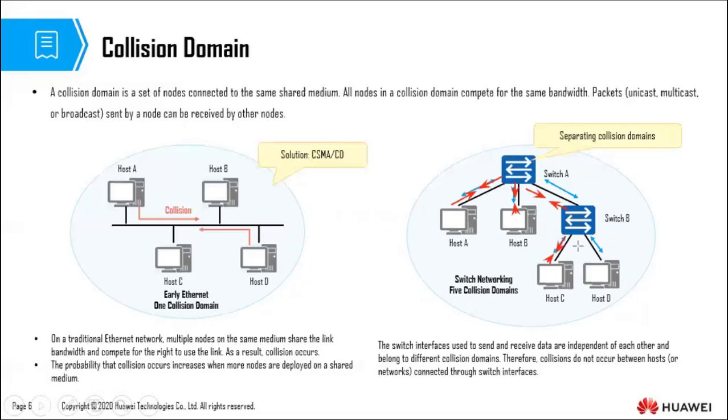So what we say is that with switches, they break one single collision domain. You see, this one gives us one collision domain, which makes scalability of such a network a big problem, because as the number of devices increases, the chances of collision also increase proportionally.